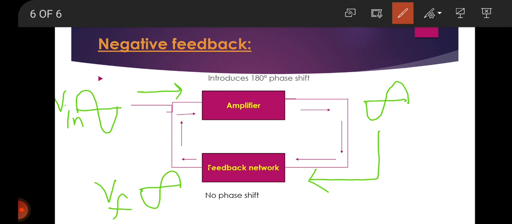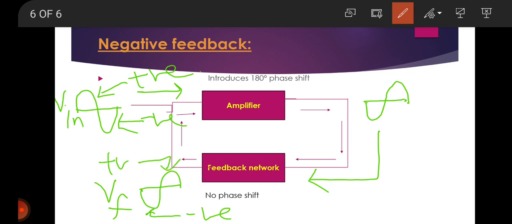Therefore, see here, this positive peak of the input voltage corresponds to this negative peak of the feedback voltage, and this negative peak of the input voltage corresponds to this positive peak of the feedback voltage.